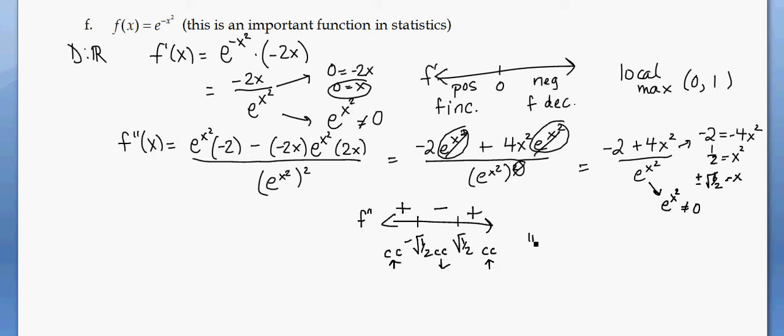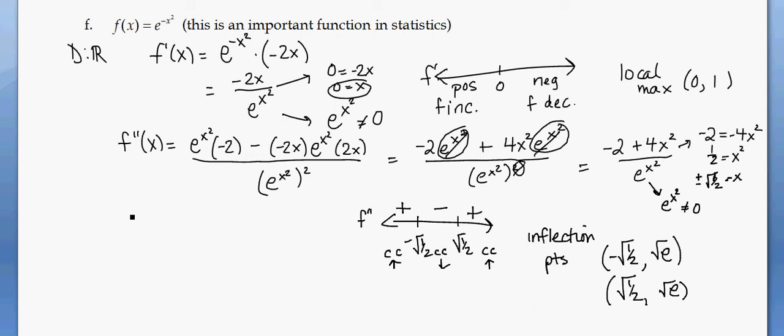So we get inflection points at negative the square root of a half, comma something, and positive square root of a half, comma something. To get those somethings, we go back to the original. In both cases, that's going to give us e to the negative half, or 1 over the square root of e, whichever way you like writing it. So those are our inflection points.